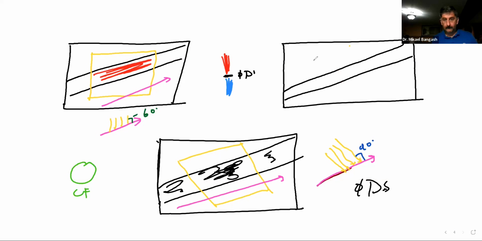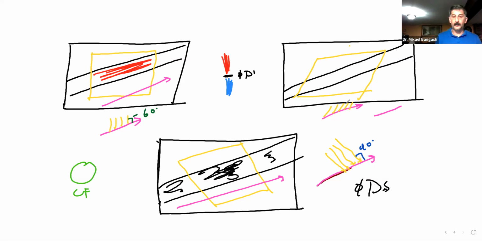And we see, again, it's the same blood vessel, where the blood was flowing in this direction. And now we can see the angle of our beam.